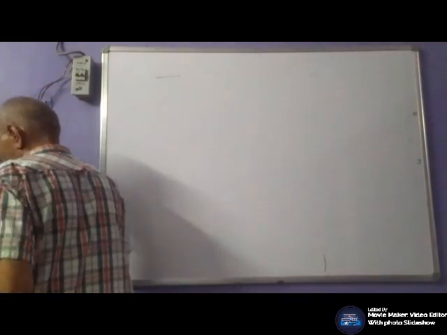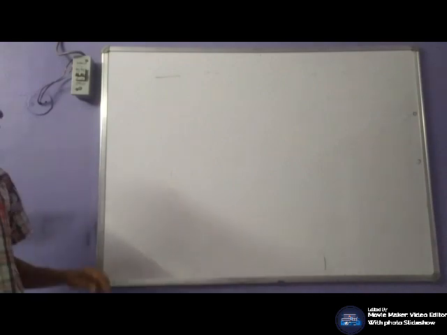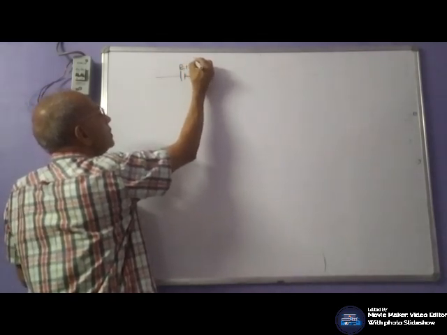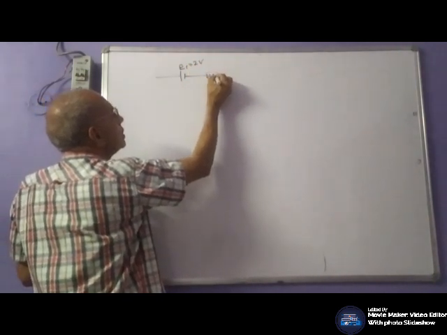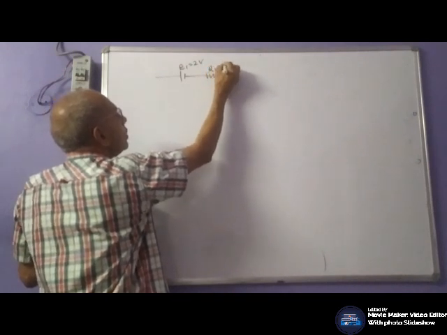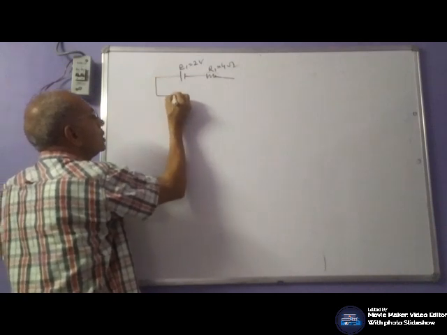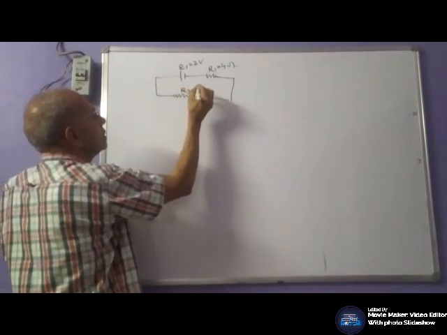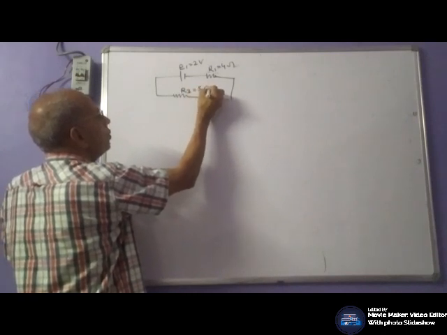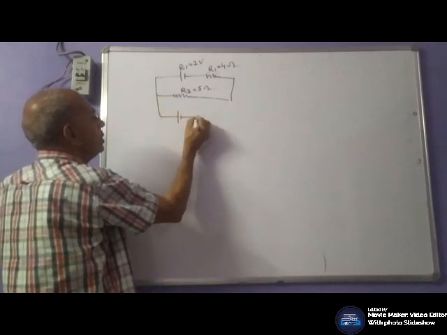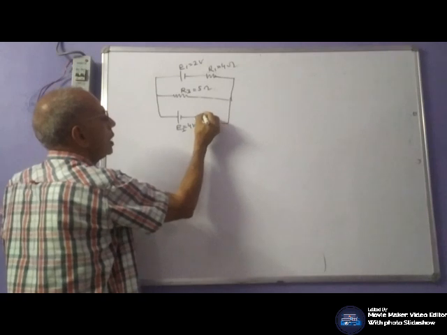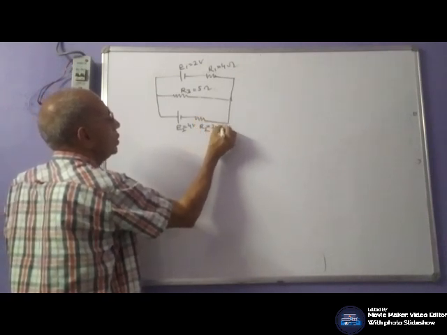This is electric circuit. E1 2 volt, R1 4 ohm, R3 5 ohm, E2 4 volt, R2 2 ohm.